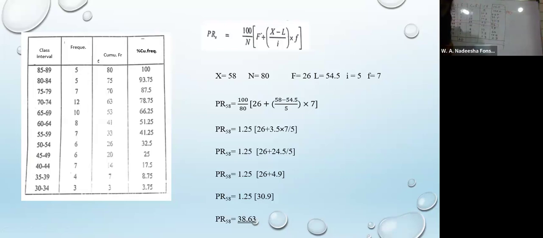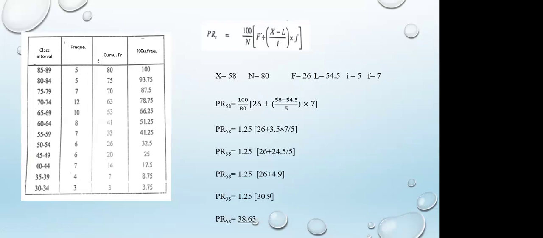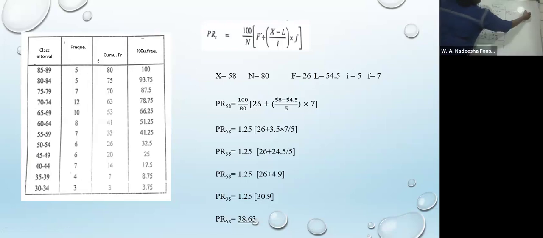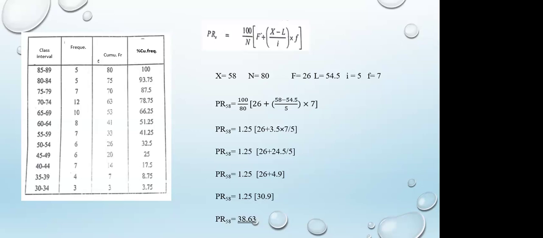Can't see red color, no? Can you see red color? Can. F plus X minus L over I into F. We can't see, ma'am, because of the light.